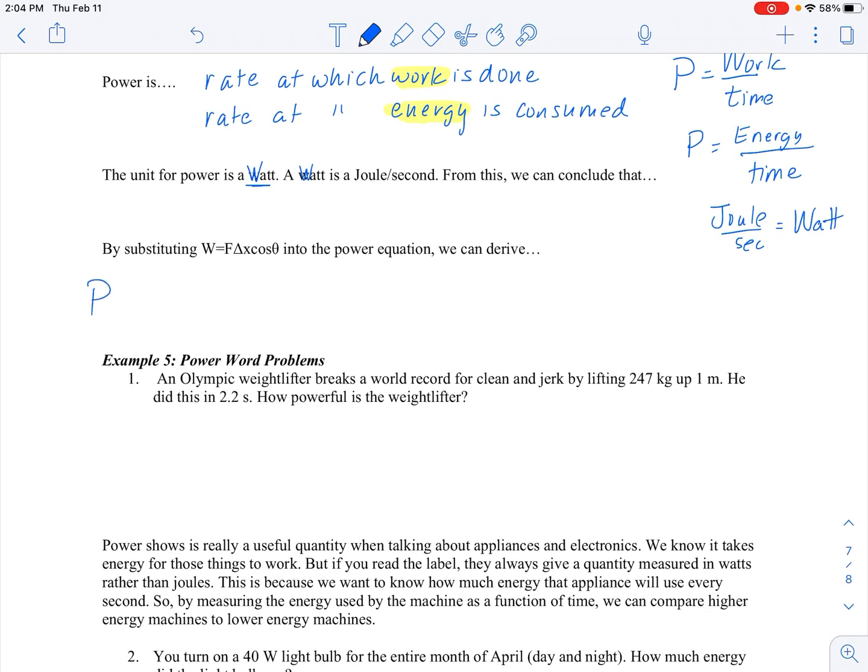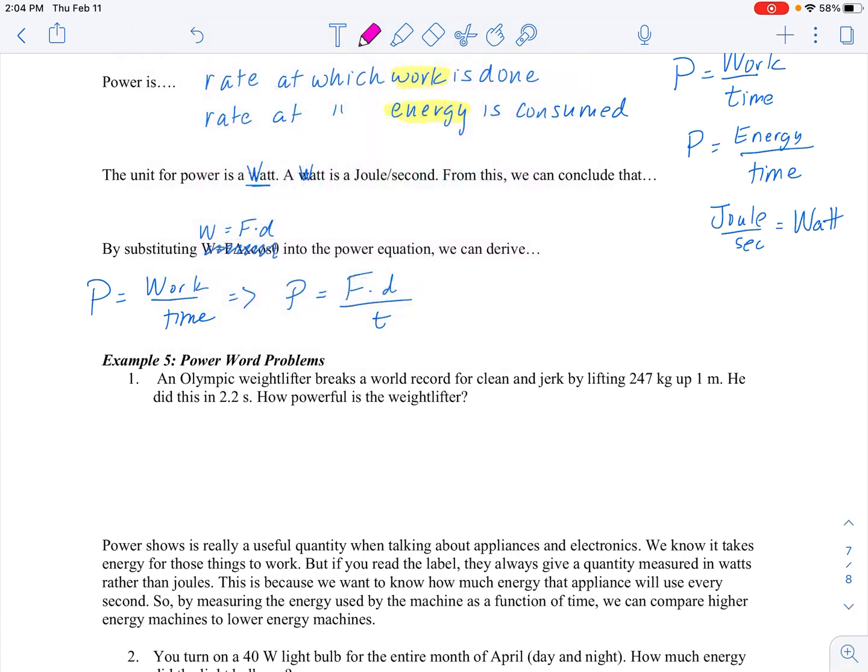If I take the equation for power equals work over time, and substitute in my equation for work, I'm going to simplify this. I'm just going to use work equals force times distance and leave out the cosine of theta for right now. Then power equals force times distance over time.